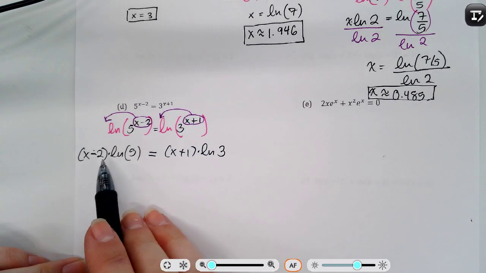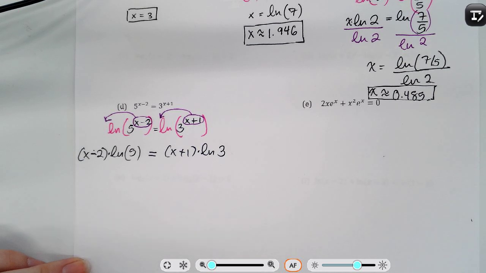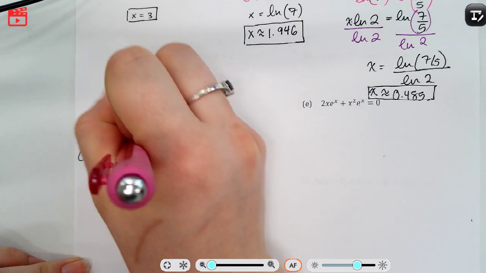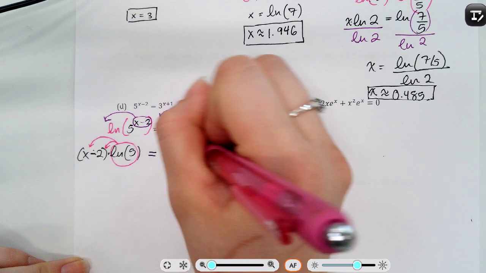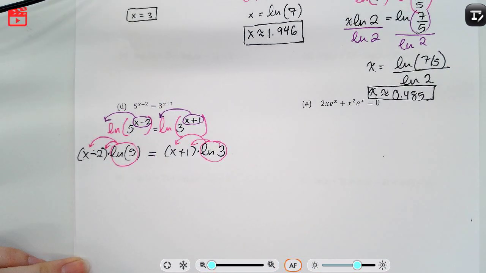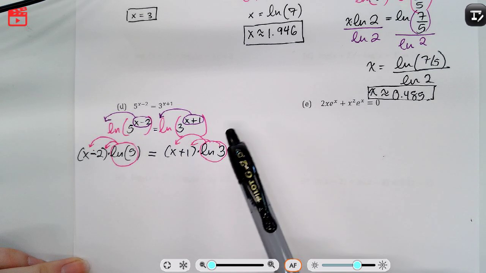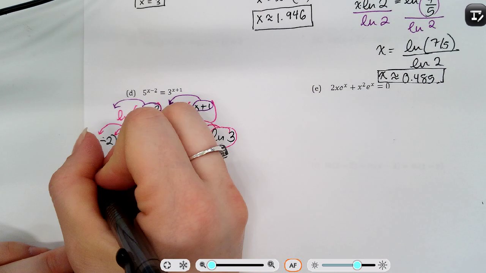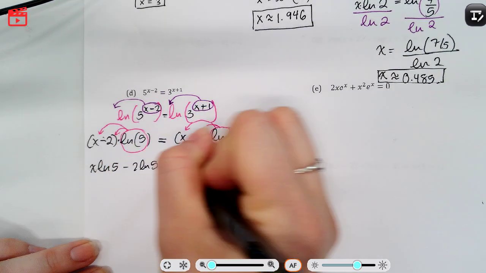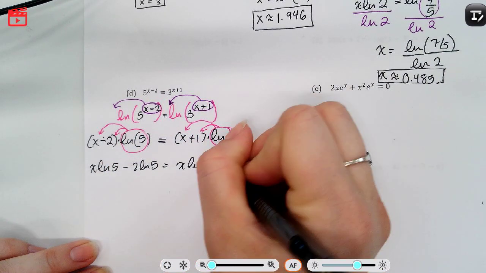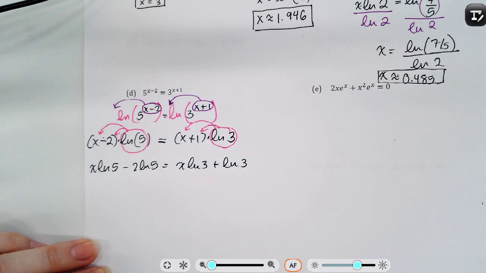But to do that, I need to get x out of these parentheses first, which means I will distribute my natural log into the binomial. Notice this is a binomial on the outside, not a binomial in the argument of my log. So that would be x ln 5 minus 2 ln 5 equals x ln 3 plus ln 3.